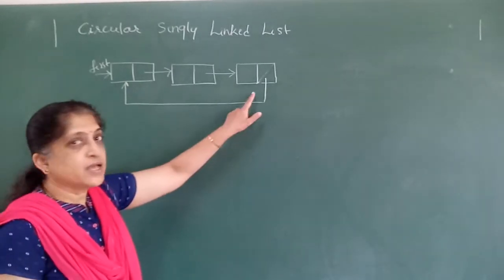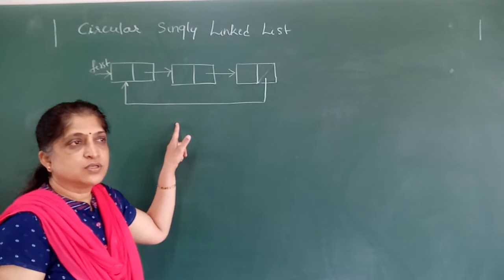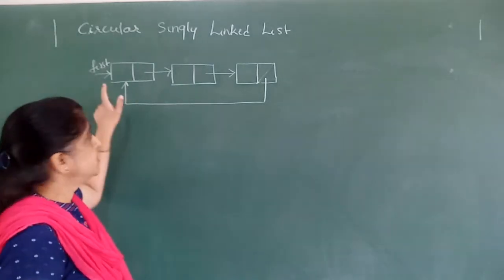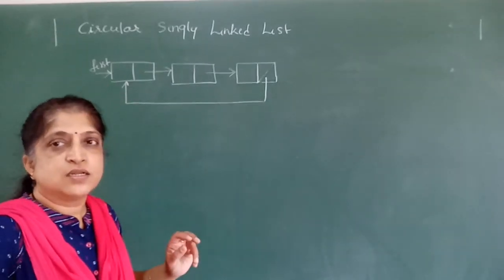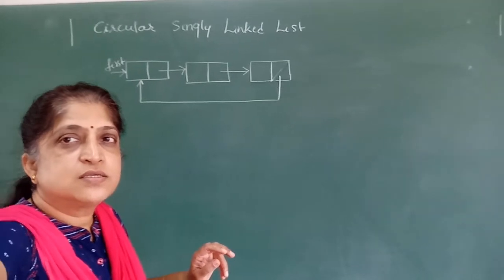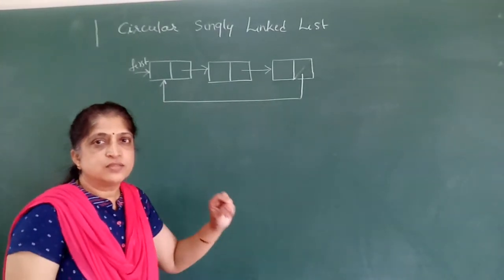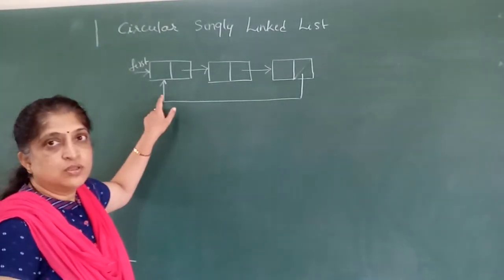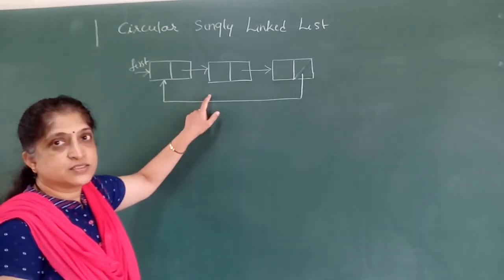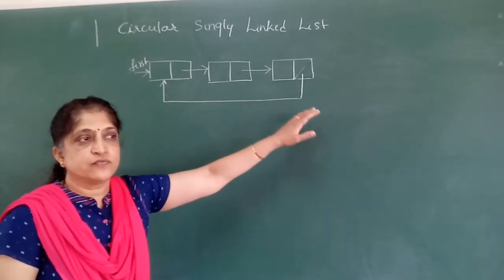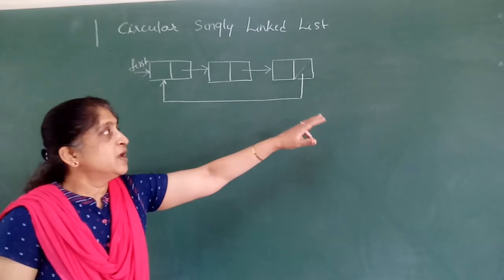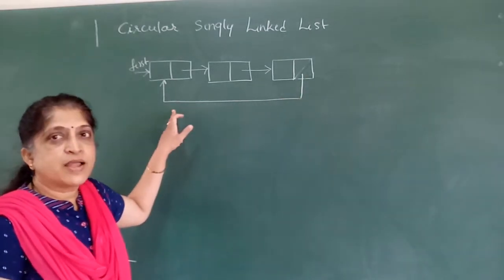In this case, of course, we should maintain an external pointer, and first has a pointer to the first node, first node has pointer to the second, second to the third, third to the fourth, and so on to the last node, and the last node will have a pointer back to the first node.